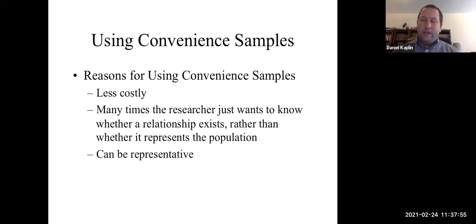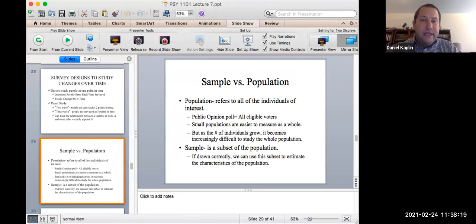A person may want to just know if a relationship exists, whether there's a pattern in the data. They may not want to generalize to the population. And oh yeah, with a large enough sample size it still is possible that it could be representative and reflect the population. So all of these are reasons for convenience sampling, using it in spite of all the downsides.